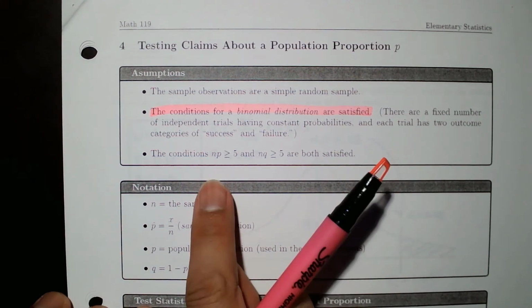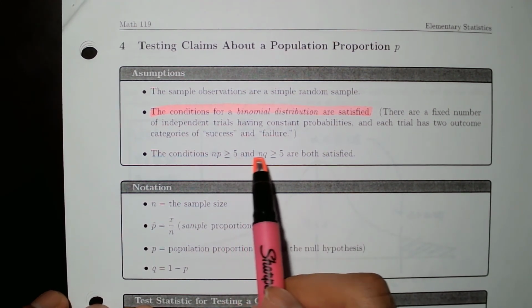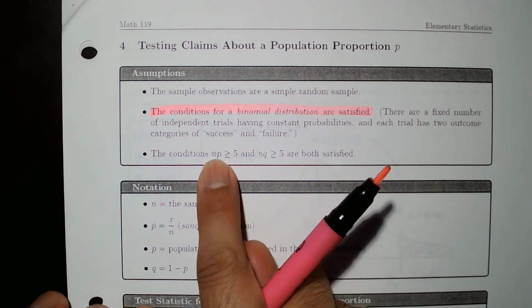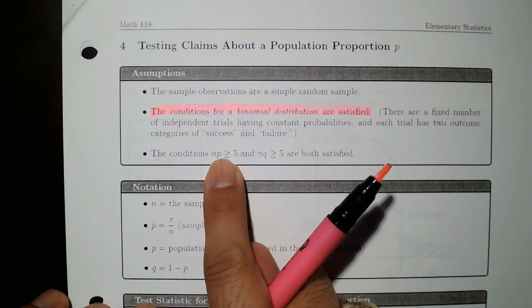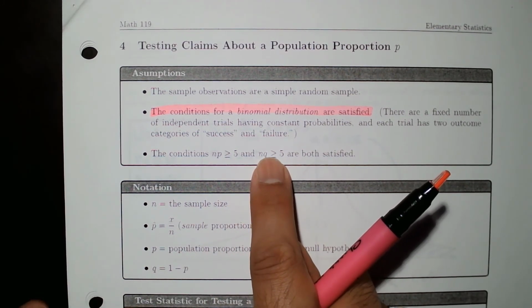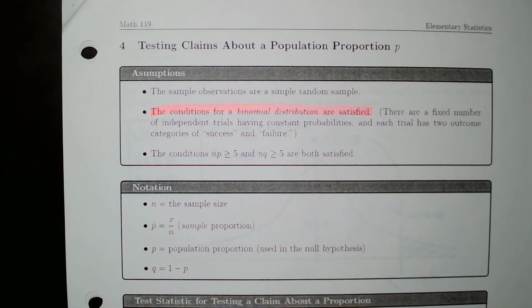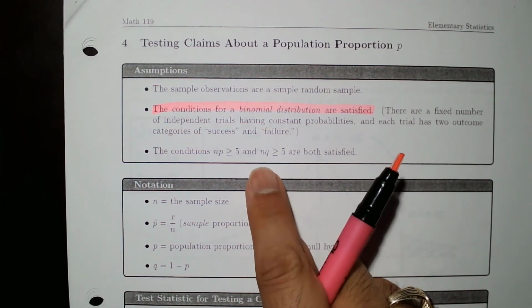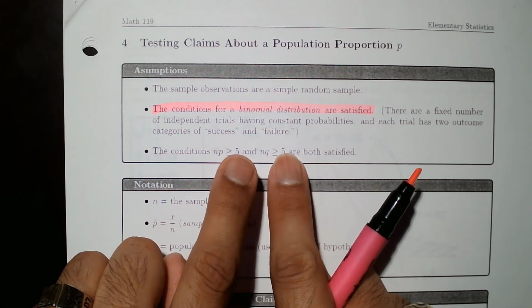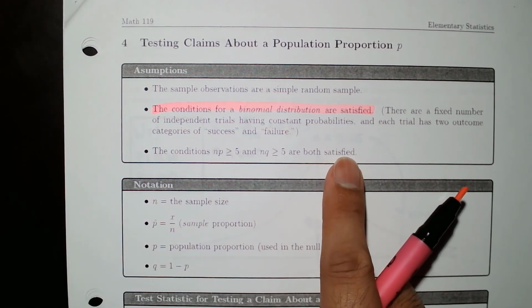And then the product np and nq has to be greater than or equal to 5. Well, in this case, n is the sample size, p is the probability of success, and q is the probability of failure. So we multiply the sample size by the probabilities, and if we get something greater than or equal to 5, then we're good to go.